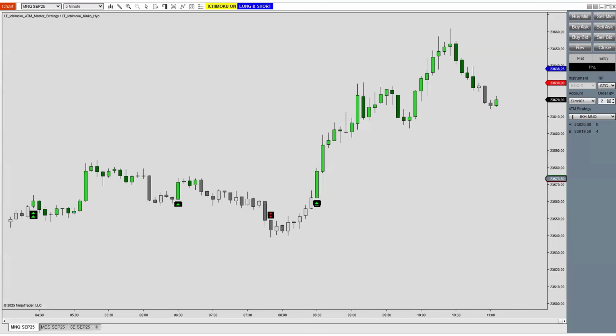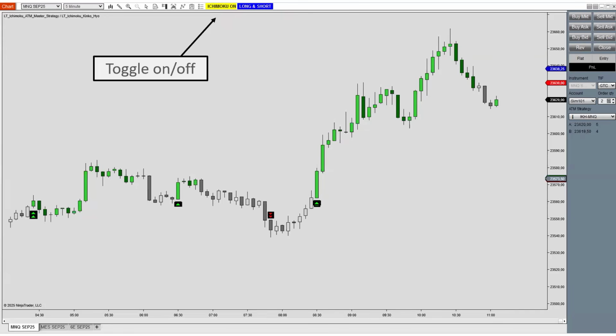So here's what it looks like in practice. When the strategy is launched, the chart trader is automatically activated, and you'll see two buttons here towards the top. One will allow you to toggle the Ichimoku strategy on or off.